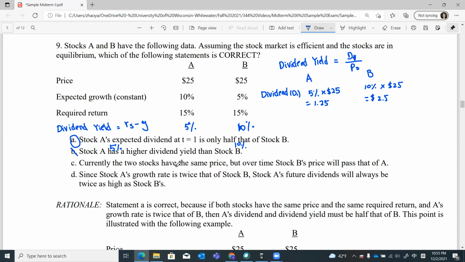Currently, two stocks have the same price, but over time, stock B's price will pass that of A. Remember, Pn equals to P0 times 1 plus the growth rate to the power of n. And P0 for A and B is the same. And the growth rate for A is higher than B. So future price of A will be higher than B. Let's calculate P1.